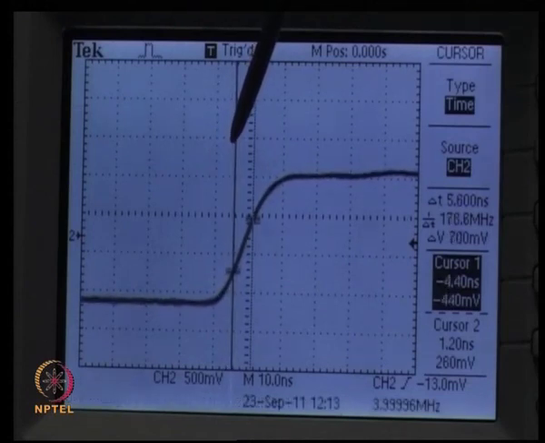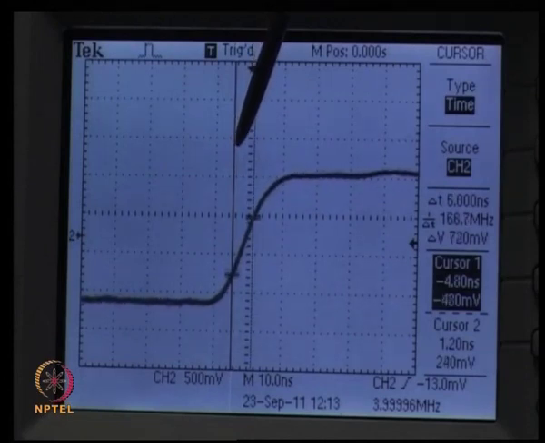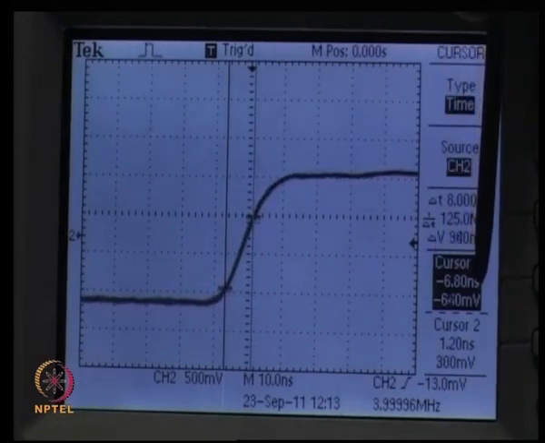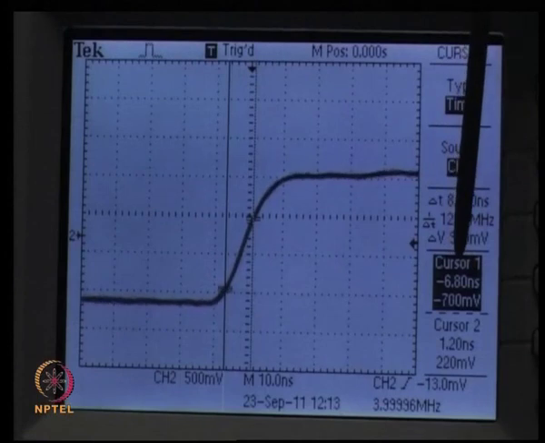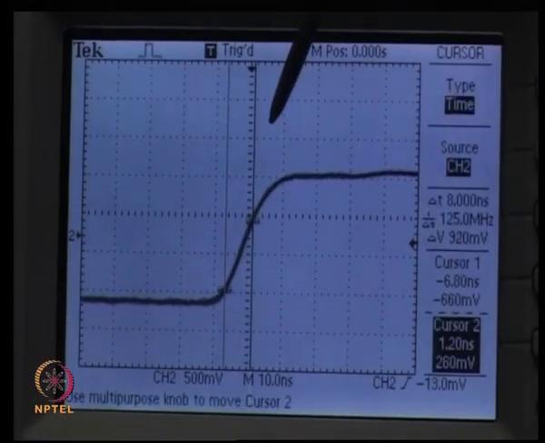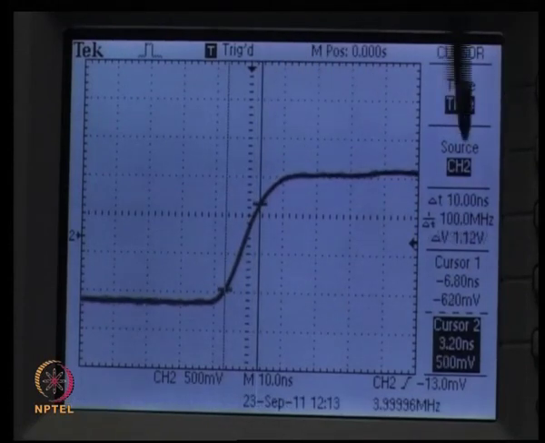We adjust cursor 1 to 10% of the maximum amplitude. Cursor 1 is at minus 6.8 nanoseconds. Now we adjust cursor 2 to 90% of the maximum amplitude.